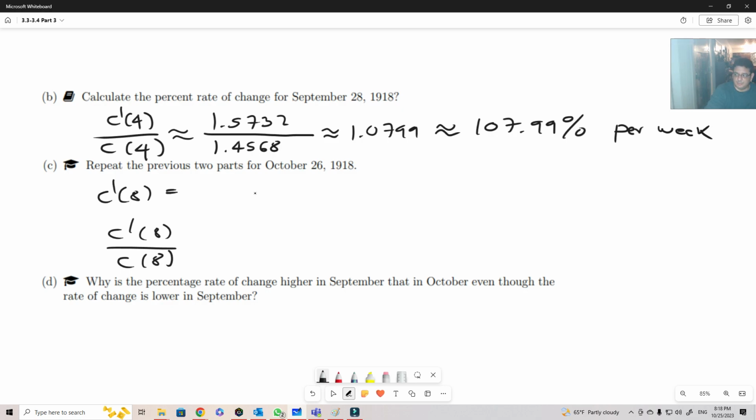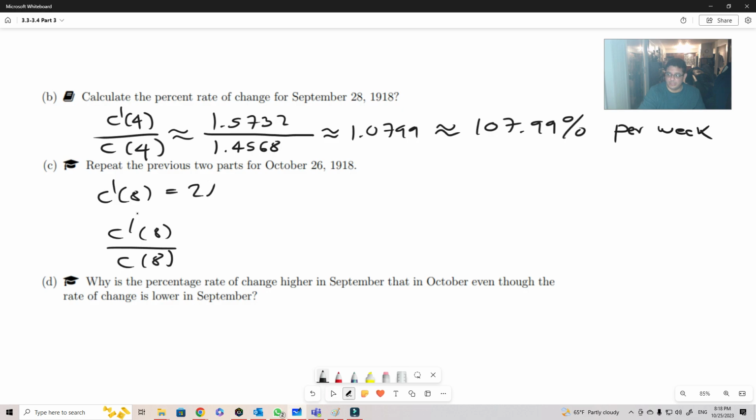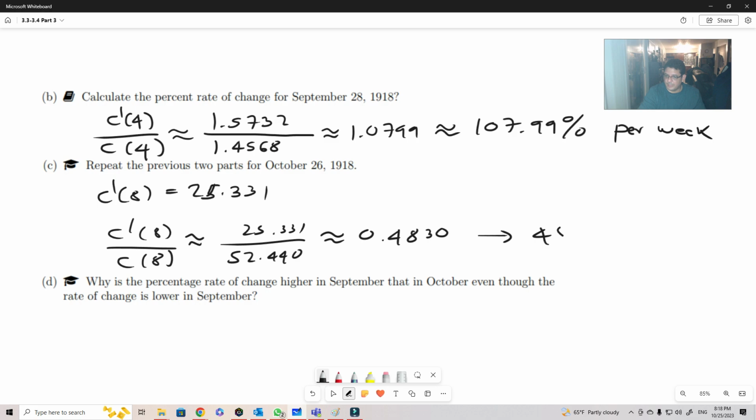C prime of 8, if we compute that with our calculator, is approximately 25.331, over C of 8, which is 52.440. This gives me around 0.4830, so that's around 48.3% per week.